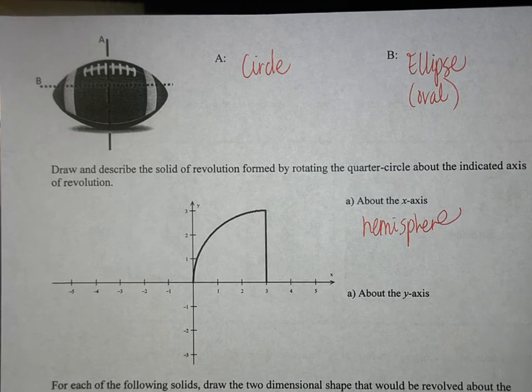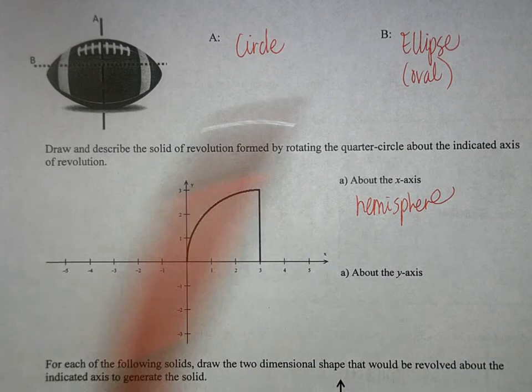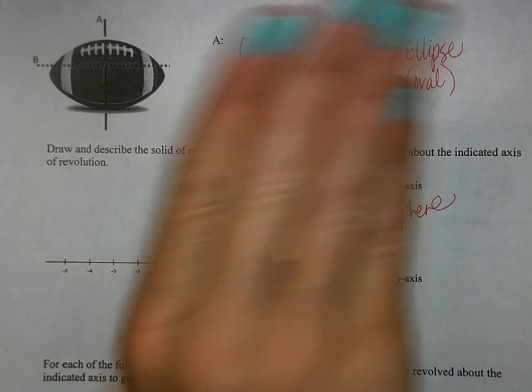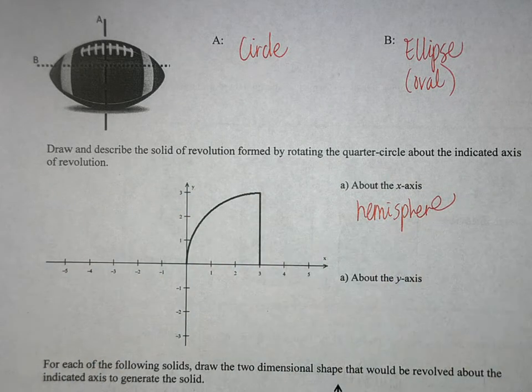Okay, now the y-axis is a little bit different, but you have to think about it. So this time it's going around the y-axis. So think about this line. If this line is kind of going back and forth, it's a cylinder, but it's going to have a hole in it.